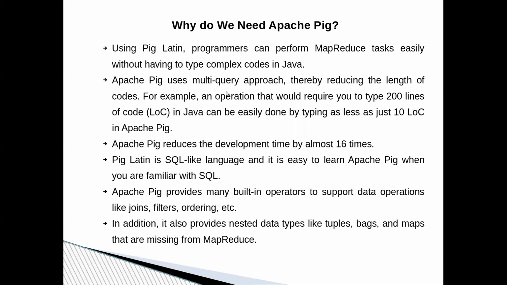Remember, Pig is similar to SQL. When you use Pig, it would be similar to SQL, and it gives you something known as a multi-query approach, thereby reducing the length of the code. The length of your code would be reduced by a big margin. For example, if you need to write 200 lines of code in Java, this can be easily done by typing as few as 10 lines of code in Apache Pig.